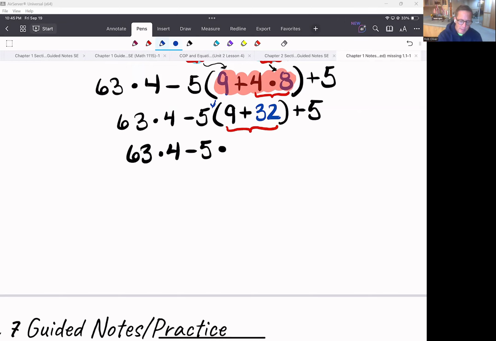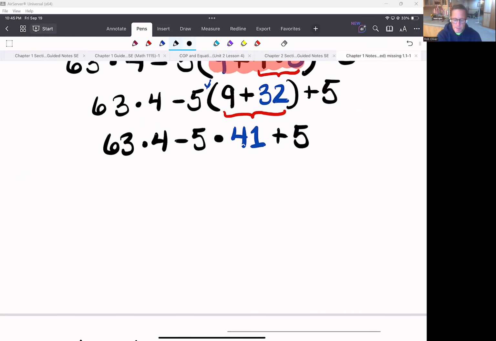So 5 times 41, and then plus 5. Okay, now at this step, we've got multiplication going on in 2 different spots. We can take care of the multiplication here and here at the same time, because as long as we do them separately, they don't really affect each other.